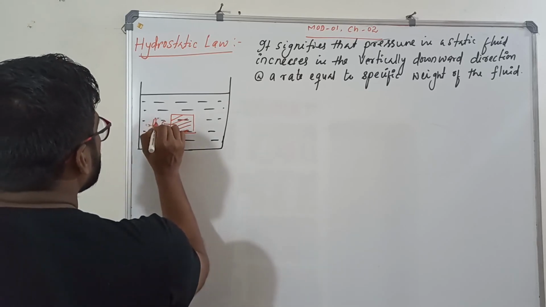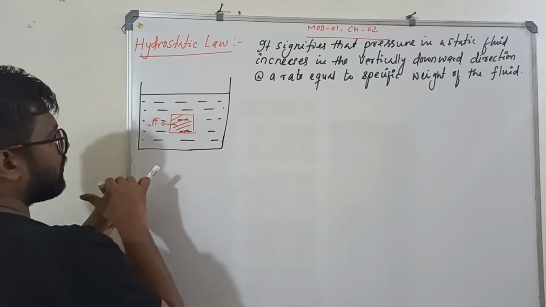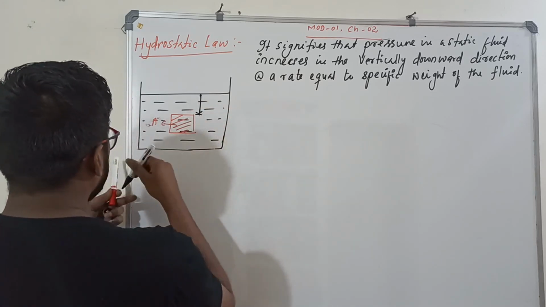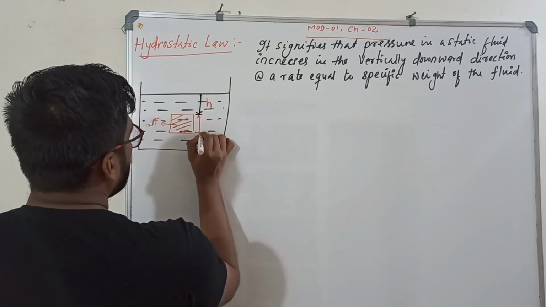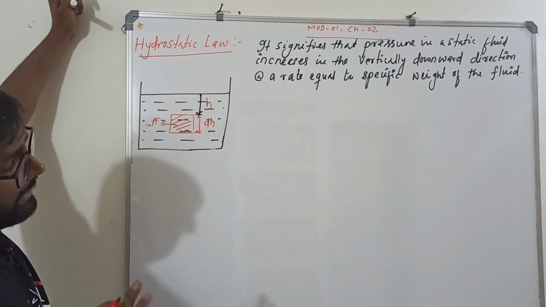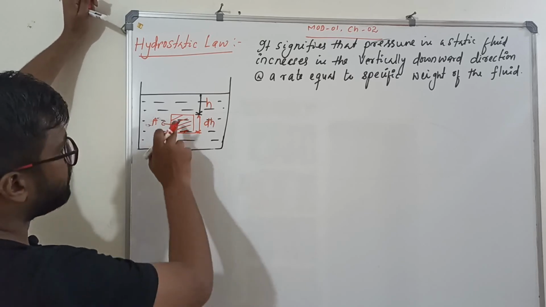Area is A here, and above also A. So this particular block is at a depth of h. Let us say the height of this block is dh. Now we'll draw its free body diagram.